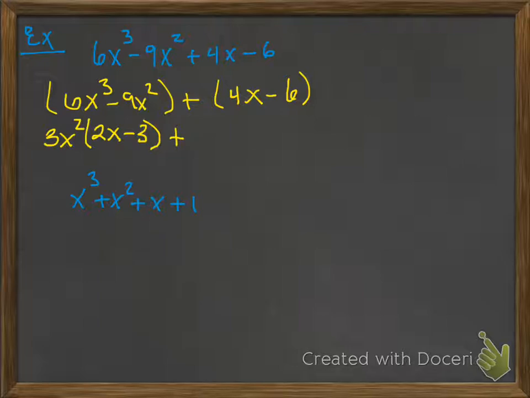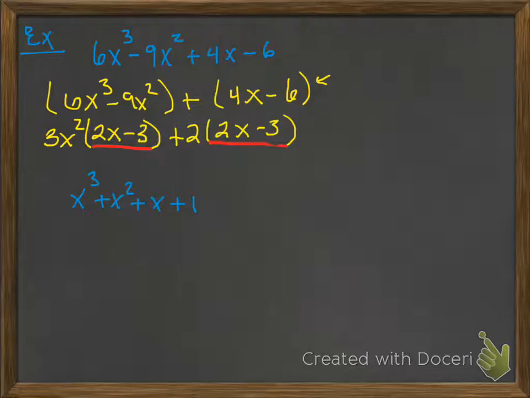Plus, and I notice in this one right here, they have a 2 in common. So I'm going to put that 2 on the outside, so plus 2, and I am left with 2x minus 6. Now notice that they both have this 2x, not minus 6, that should be minus 3.